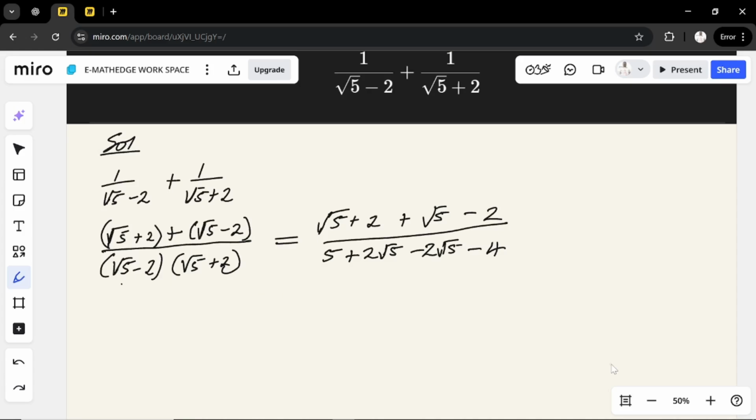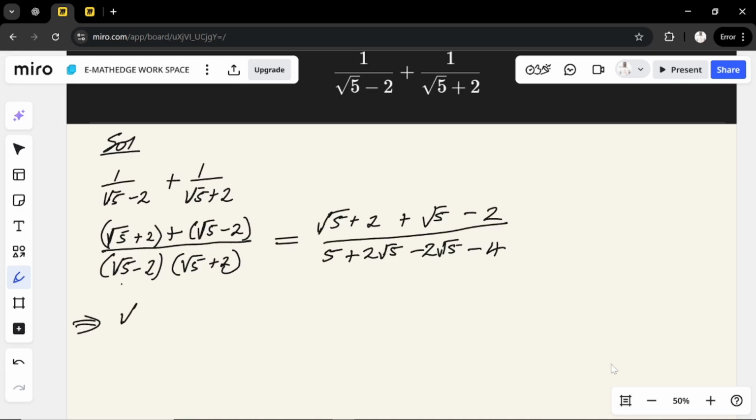So the next thing to do is to simplify further, right? We have common factors here. We have the root of 5. We have the root of 5. So we can bring them together and also bring together the constant number 2 and negative 2. So we collect the like terms in other words. Let's collect the like terms.